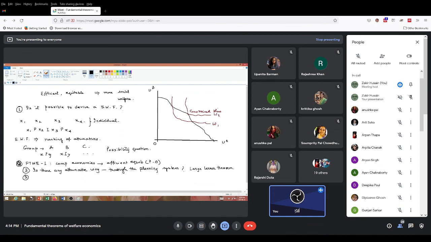The third question, also related to the fundamental theorem, is that, okay, this theorem is based on certain assumptions: competitive markets, perfect information. These assumptions may appear very innocuous, but they are very strong. Okay, so the fundamental theorem of welfare economics is based on very strong assumptions.